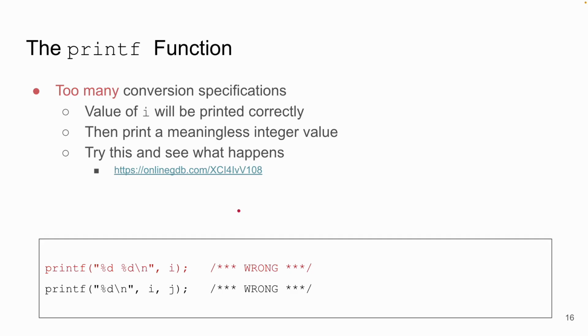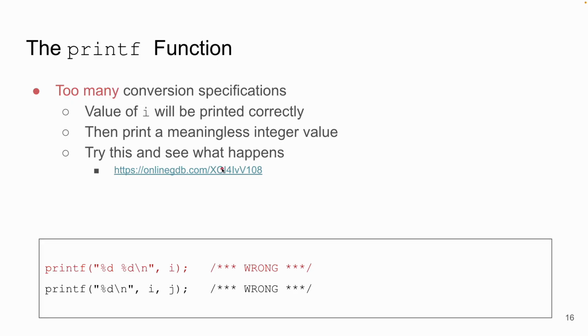In this case, the value of i will be printed correctly, that's okay. However, we still have another %d. So what C will do is try to print out a random integer value for the second %d. But that is not the thing you want. So although you can still run your program, it will print out something that you don't want.